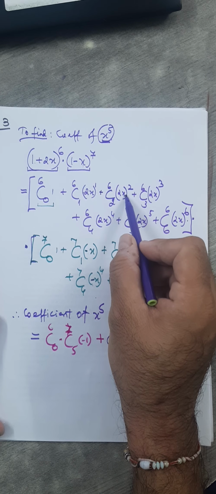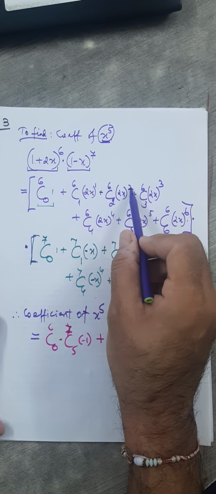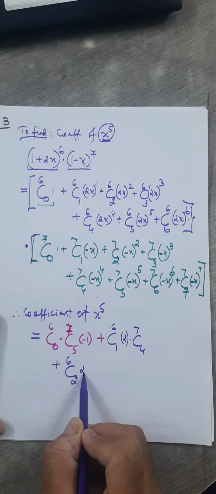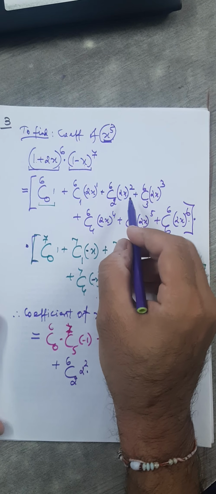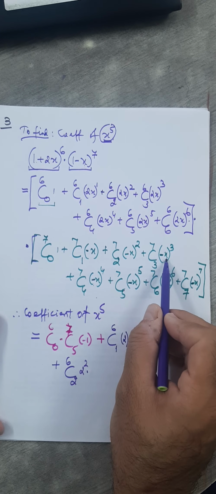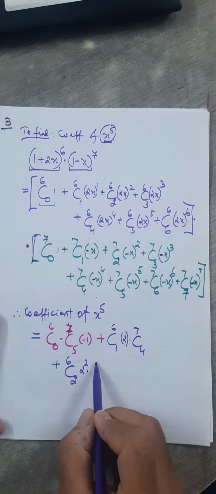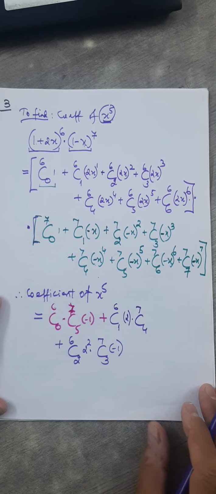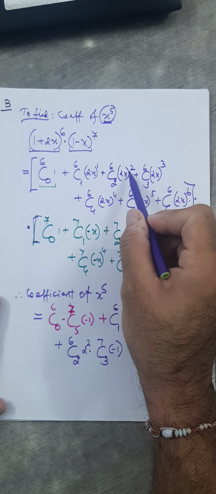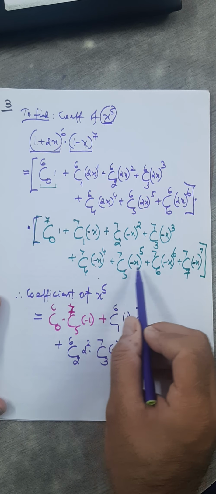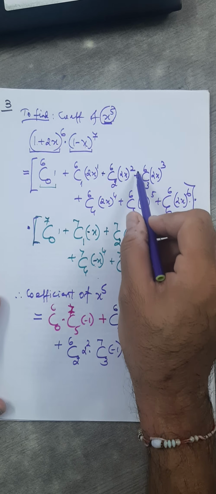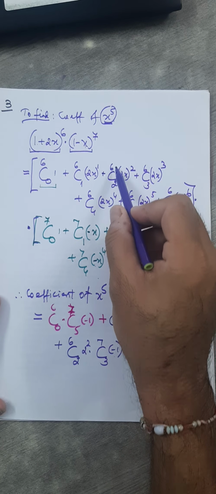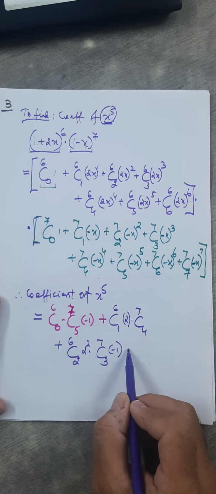Then come to x square. Here 2 square is there, remember. So plus 6c2 into 2 square. And that x square is multiplied with which one? X cube with minus sign. So 7c3 into minus 1. I repeat, this x square is multiplied with x cube, and x cube into x square gives us x raised to 5. Here minus 1, 7c3, 6c2 and 2 square.